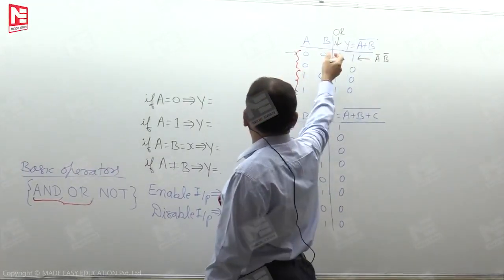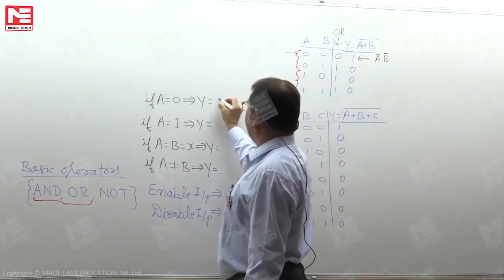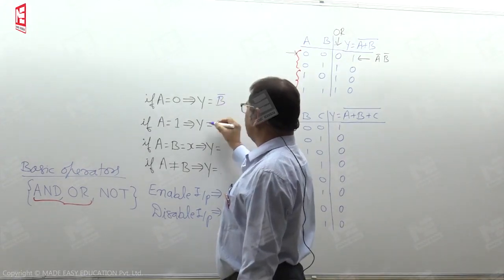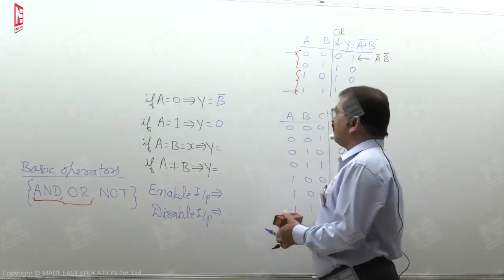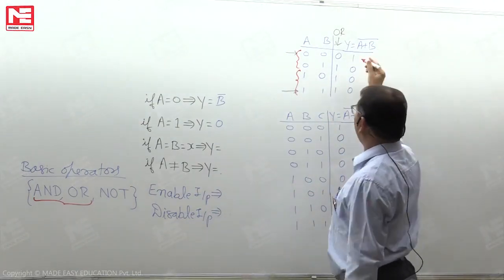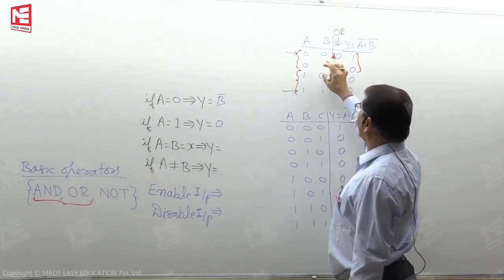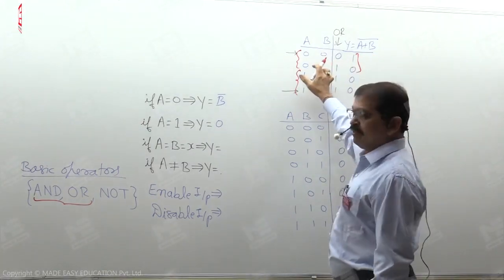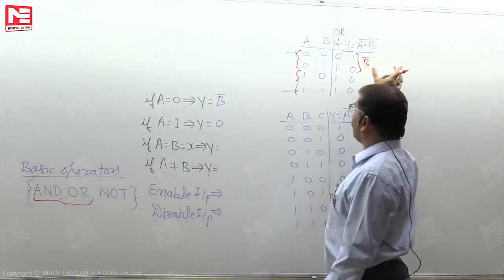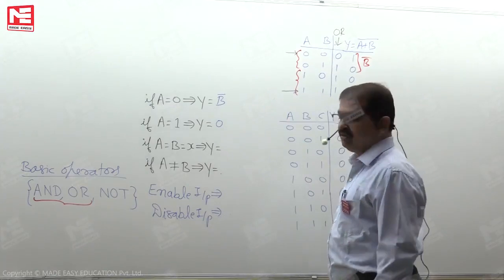Looking at the table, you can say, or directly you can write with our earlier knowledge, it must be B bar. The reason is, whenever one of the inputs is 0, that is referring to the first 2 rows. So what we are looking at, if B is 0 we get output 1, if B is 1 we get output 0. Hence, we must write this as B complement.